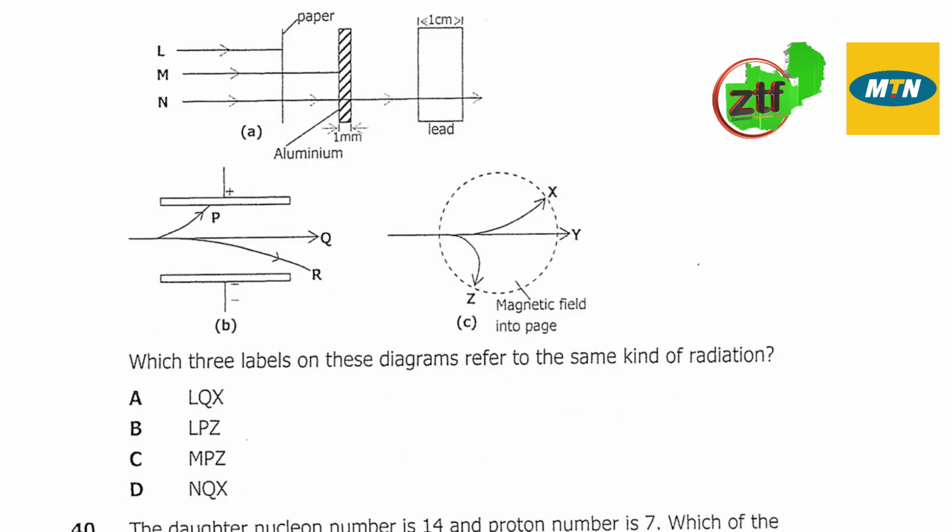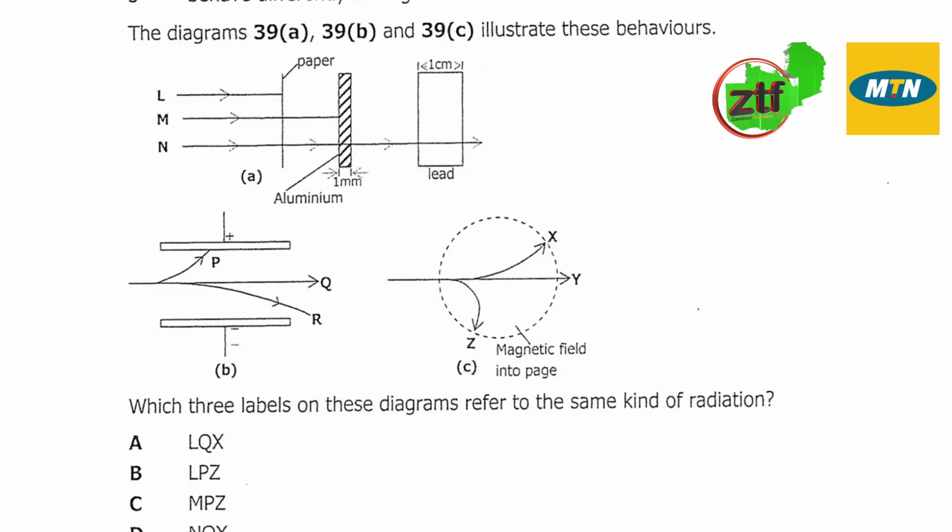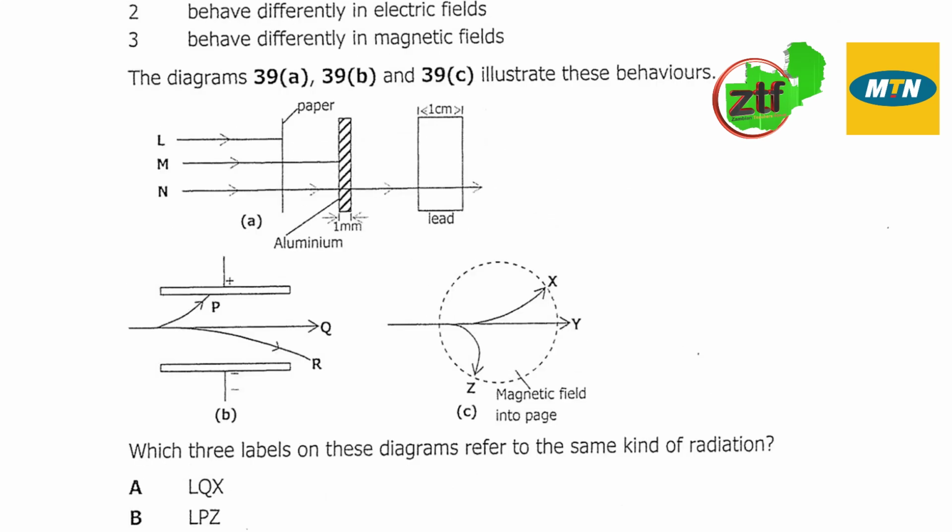As you can see, when we look at those diagrams, the question says, for example, which 3 labels on these diagrams refer to the same kind of radiation? That's what they are asking.